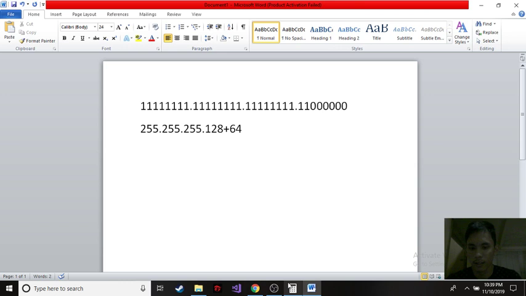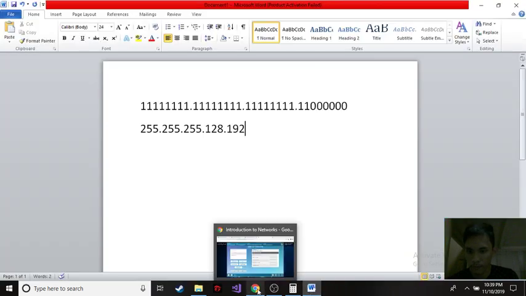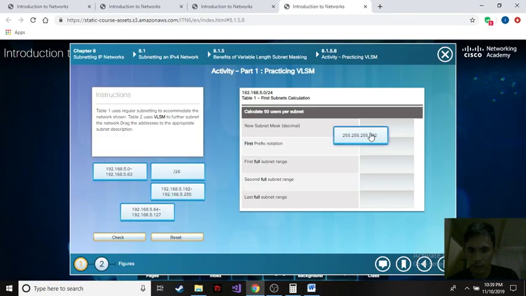Let's compute it. 128 plus 64 will be 192. So here should be 192, and this is the answer. So let's find it in the choices, 255.255.255.192. So here's the new subnet mask decimal.